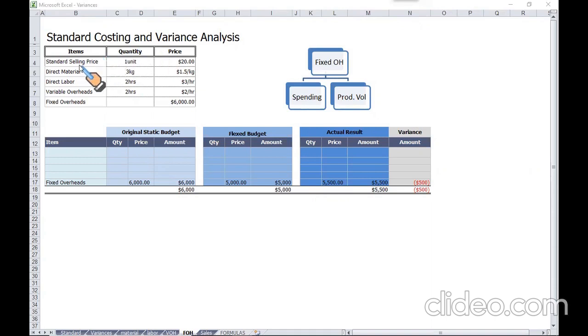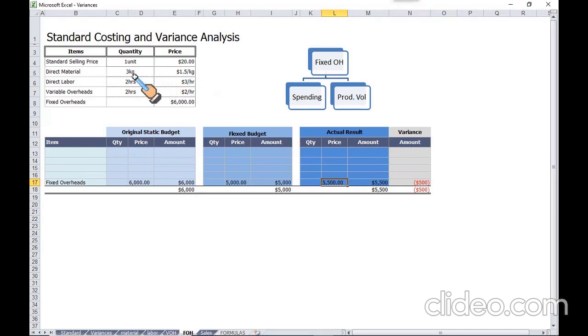Like, for example, this is the typical standard cost card, that our standard selling price is going to be $20. That's the standard selling price for which we will sell our item. When we analyzed our production, we identified that each item should consume 3 kg of material. And as per the discussion with our purchasing manager, as per the market study, the price that we set up is $1.5 per kg.